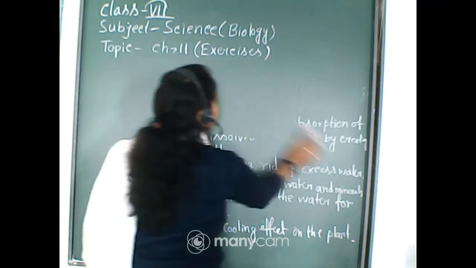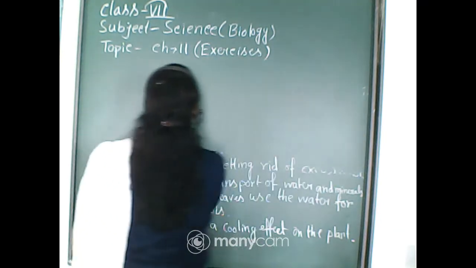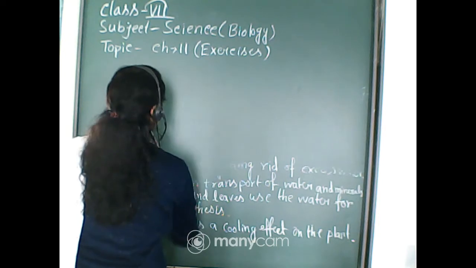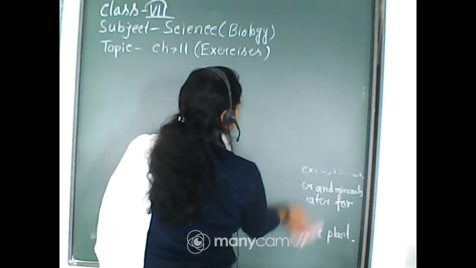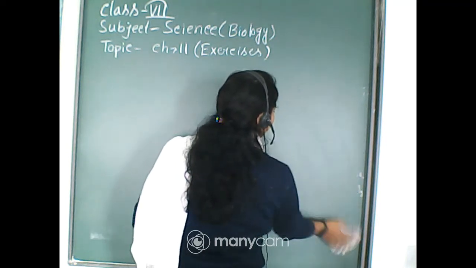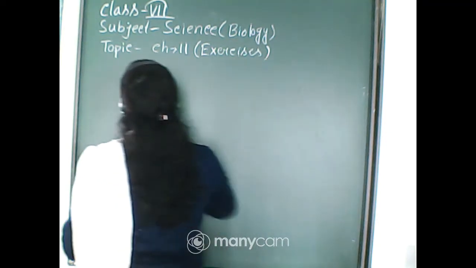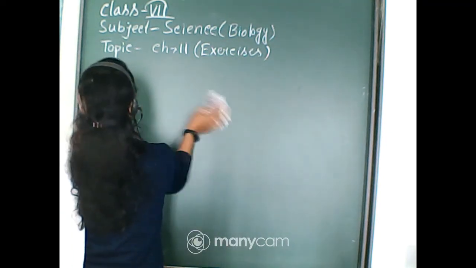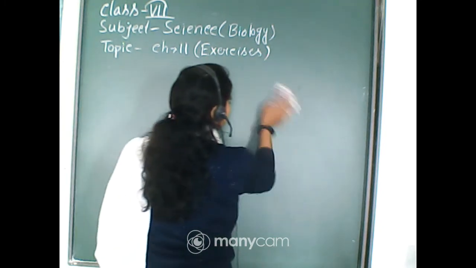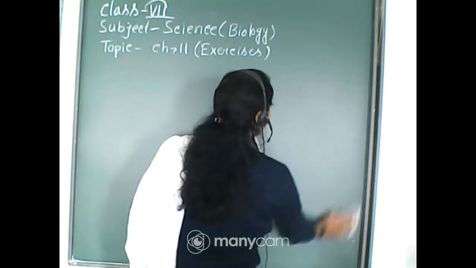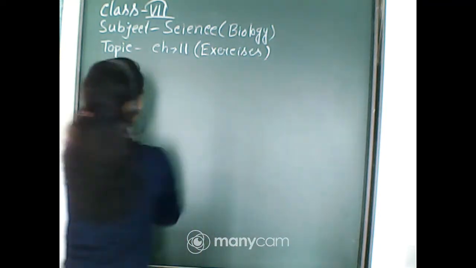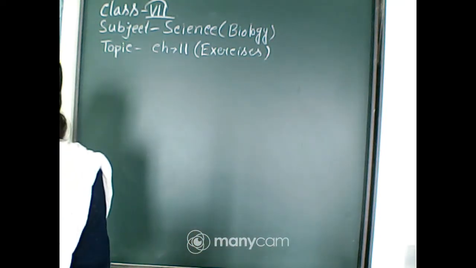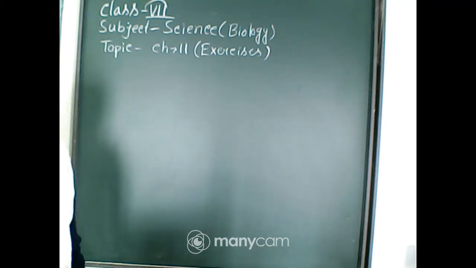There are 4 major components of blood, and it will be a very easy way of writing: you have to write the 4 main components of blood along with their main functions. So I am writing the 8th question: what are the components of blood?